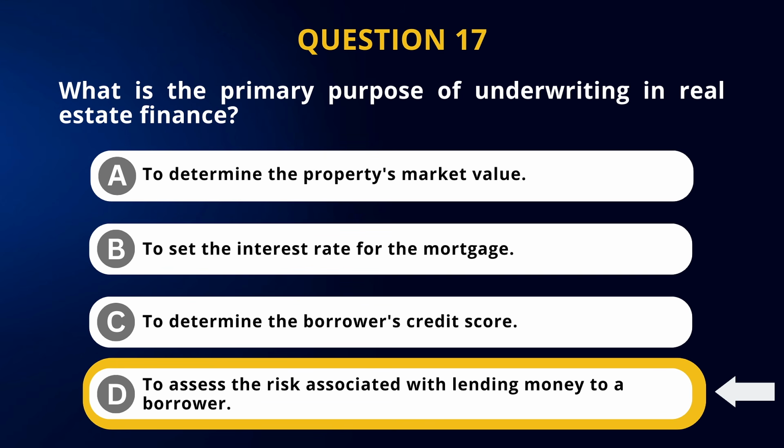Determining the borrower's credit score and the property's market value are functions that actually happen within the underwriting process. But the primary purpose is what this question is asking for, and that's really to assess risk overall about the borrower, in terms of whether the lender is willing to take on this risk or not.